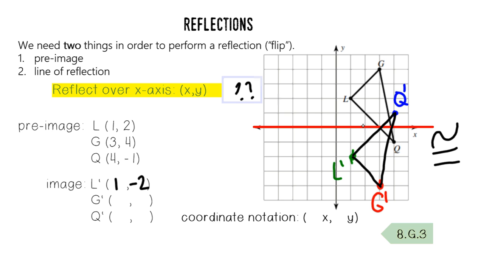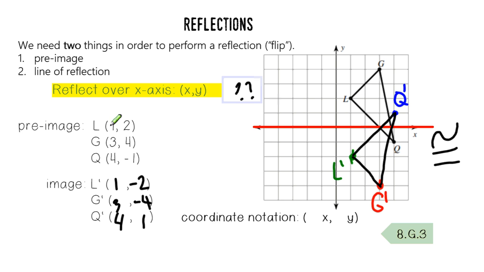G prime is 3, negative 4. Think about how G has changed to become G prime. And Q is 4, 1, and Q prime is 4, negative 1. Compare Q to Q prime while I grab my highlighter. You might already have an idea of how these have changed.